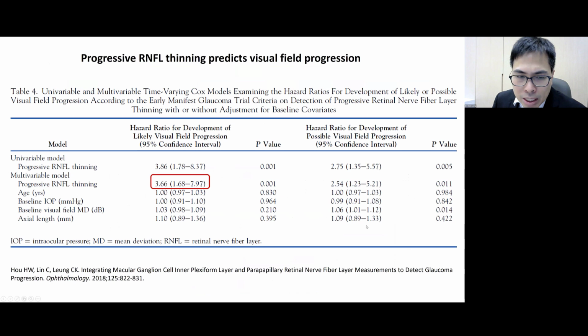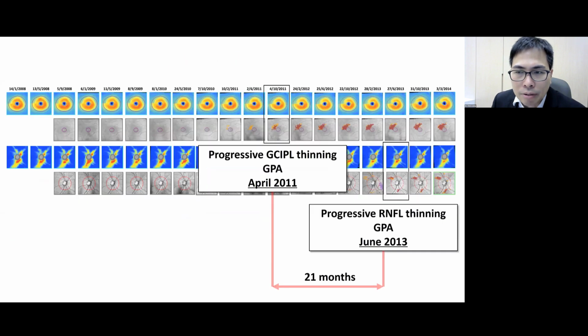We did a study some years back, and the risk is very high. When you see eyes having progressive retinal nerve fiber thinning detected by OCT, these eyes actually have a more than 3-fold increase in risk of development of visual field progression.